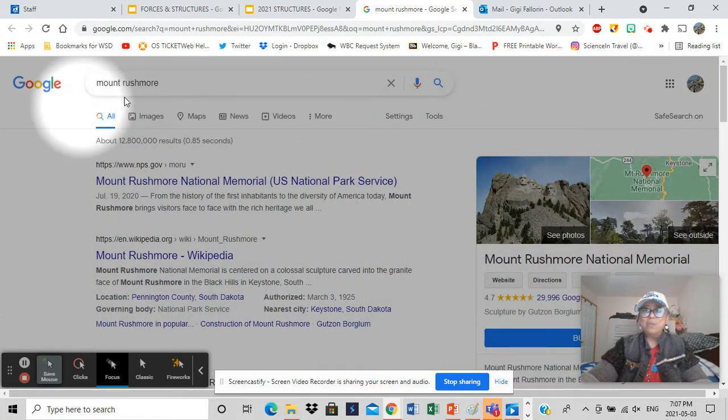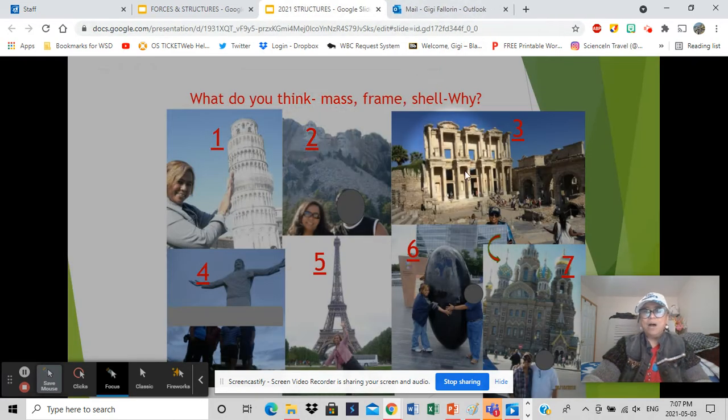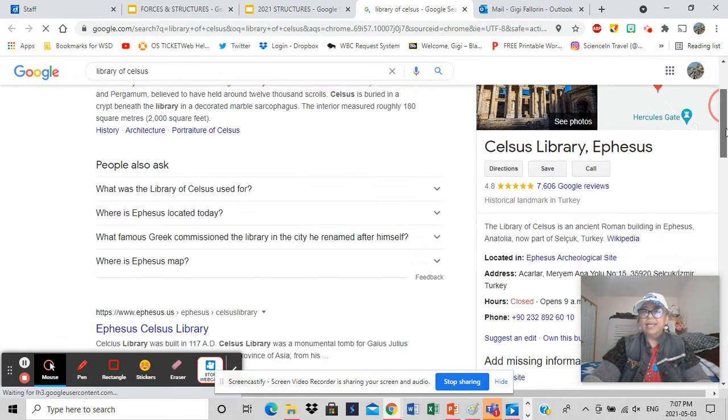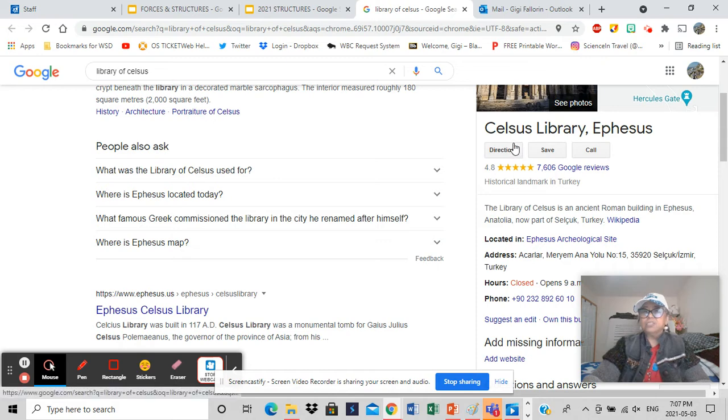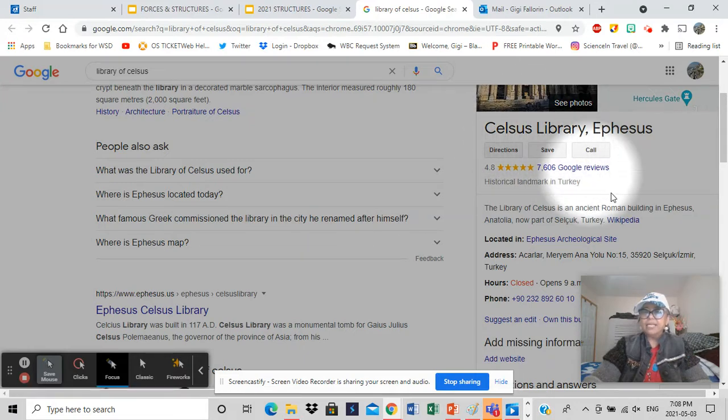So I'm giving you now clues to the answers, right? Just a little bit. Now, how about this one? Are you familiar with this? No, where is Miss Fowler in this time? So this is in Turkey, Ephesus, Turkey. So that structure is called the Celsus Library, right?